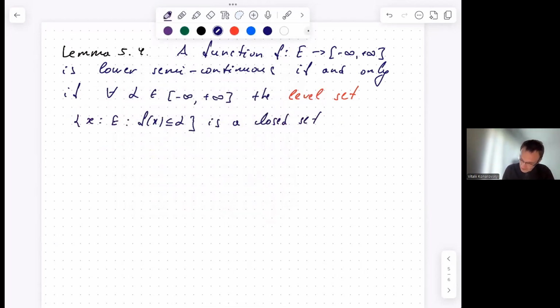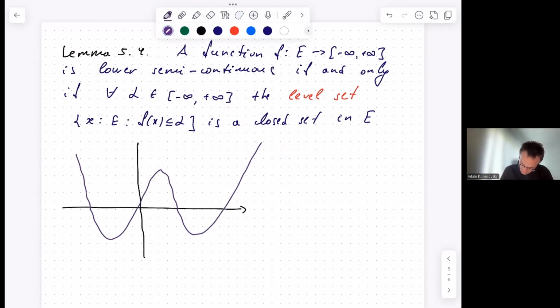Let's specify this with some picture. You have some function f, for instance, that function looks like that. And then you take the level alpha. Maybe it would be better to take alpha a little bit below to have a more interesting picture.